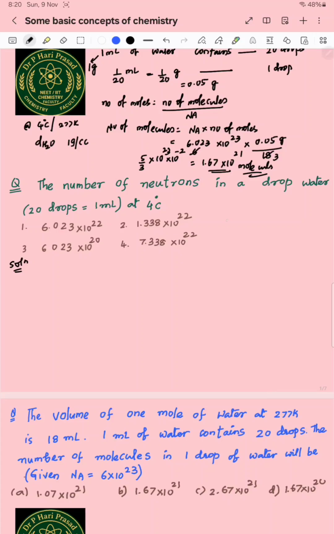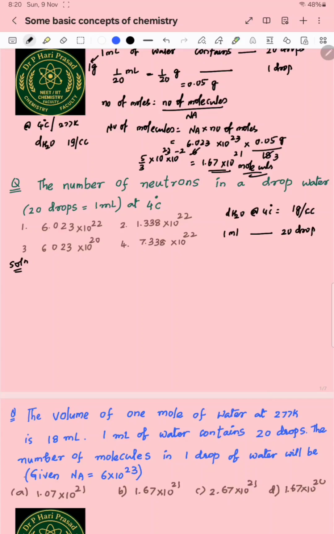Now already we have a solution, students. Generally the above question we did as follows. The density of water at 4 degrees centigrade is equal to 1 gram per cc. Now that means 1 ml contains 20 drops.